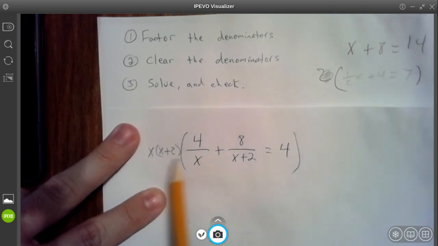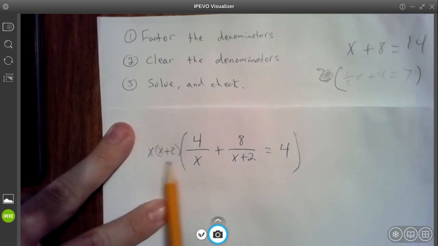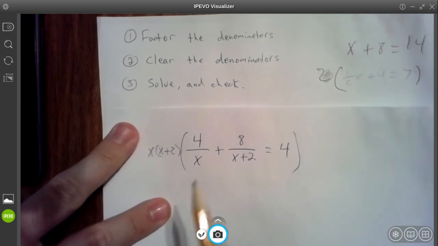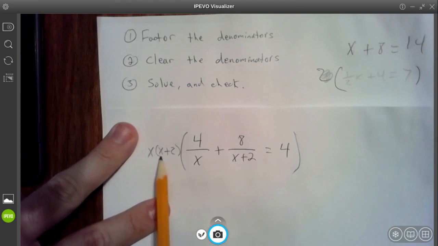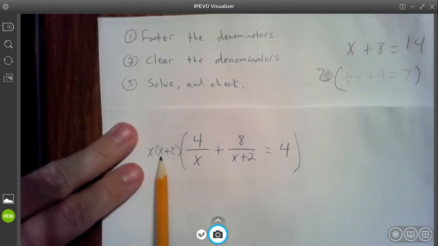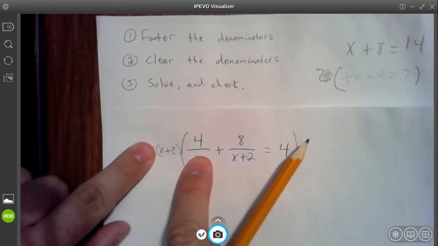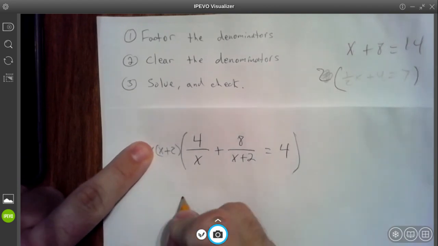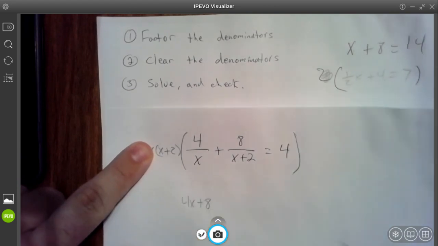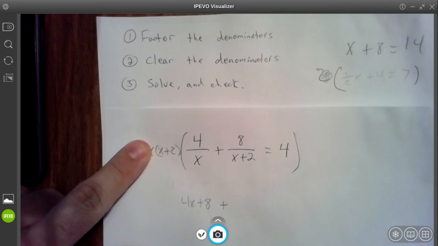So I'm also going to need to multiply this equation by an x. I'm going to multiply each of these 3 terms by this expression right here. When I multiply the x plus 2 by this, the x's will cancel, and that's going to leave me with 4 multiplied by x plus 2, which is 4x plus 8, plus.